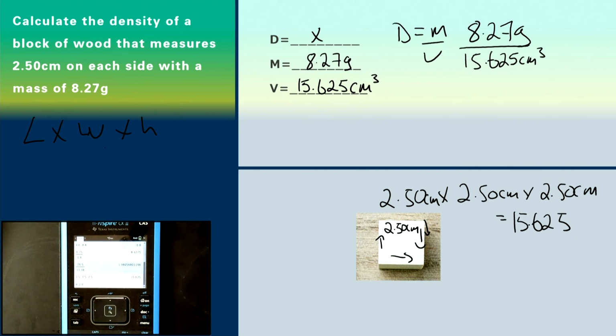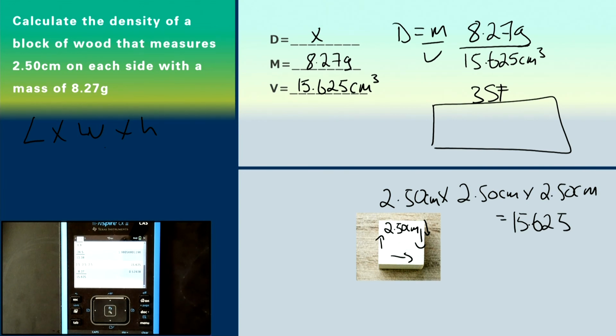So put that in your calculator. 8.27, divide that by 15.625. That gives you 0.52928. So final answer needs to have 3 significant figures, right? So the 8.27 has the least number.